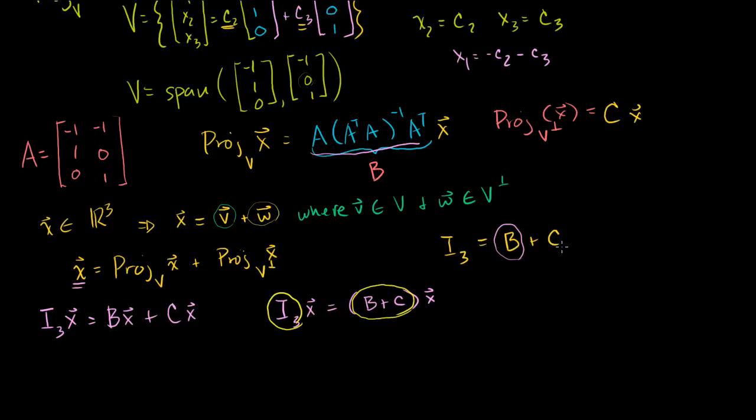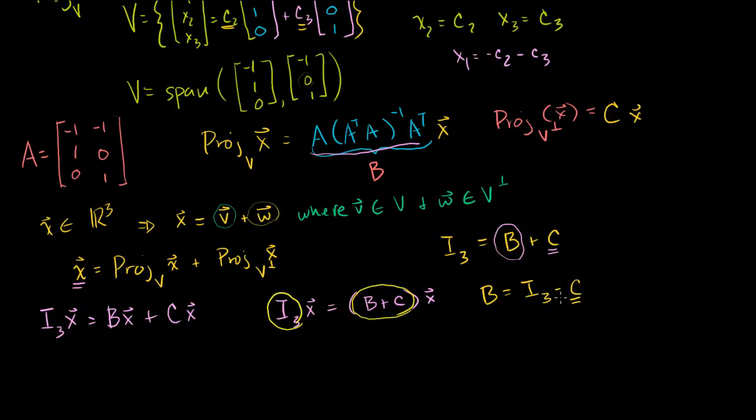But maybe it's easy to find this guy. It actually turns out in this video that this one will be easy. So if it's easy to find this guy, we can just solve for B. If we subtract C from both sides, we get that B is equal to the identity matrix minus the transformation matrix for the transformation onto V's orthogonal complement.